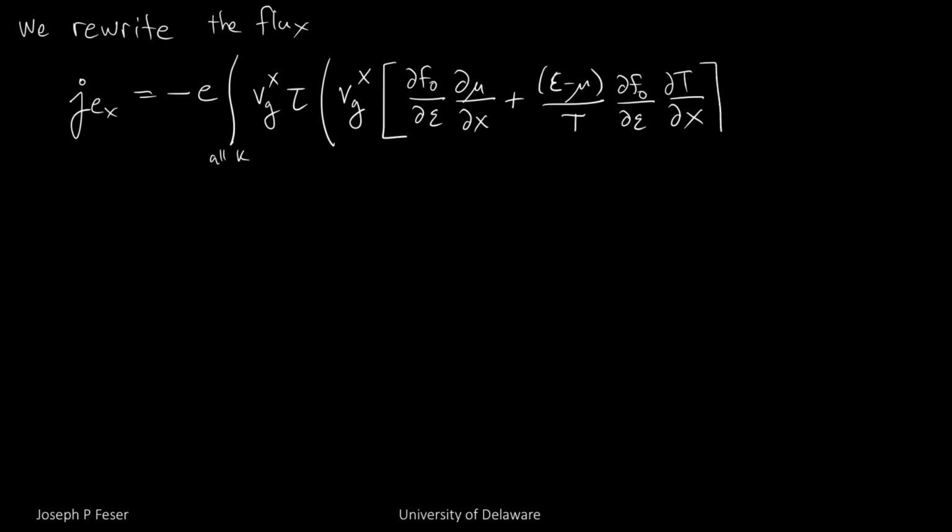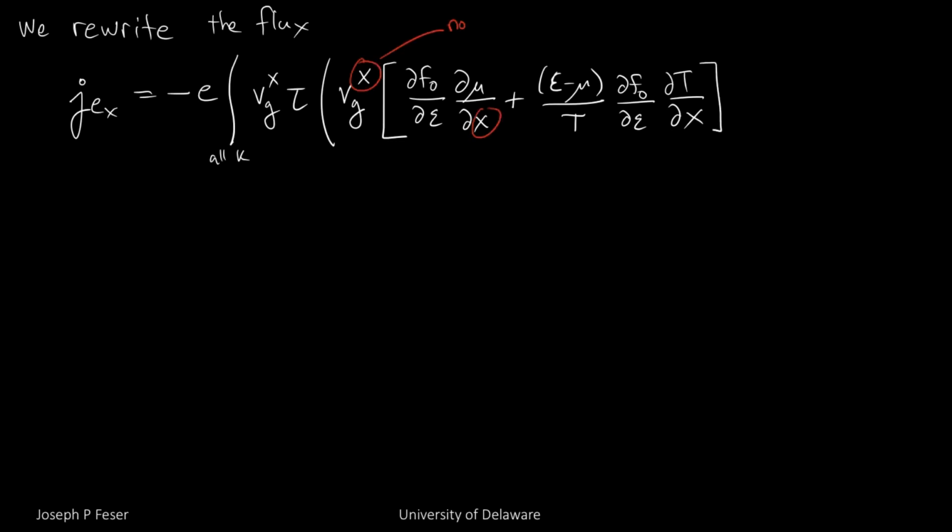So if I keep going and expanding that out, now I'm going to plug in our result for the gradient. That involved a dF/dE dμ/dx term, so that was our gradient due to the chemical potential, and then plus the effect of the gradient in temperature as well. So we'll put that inside of a bracket.